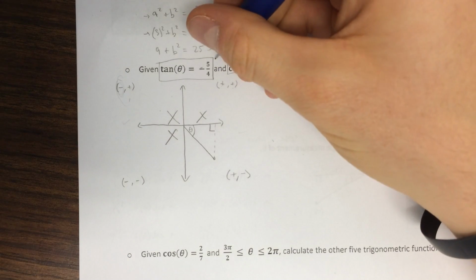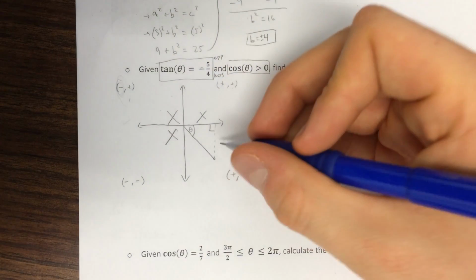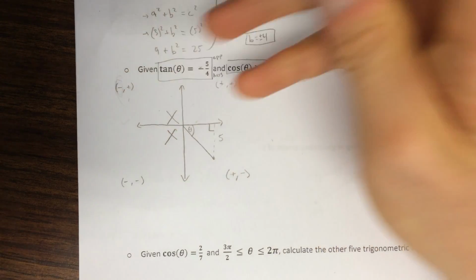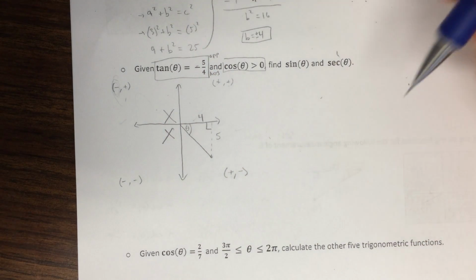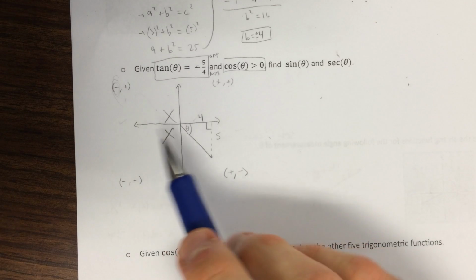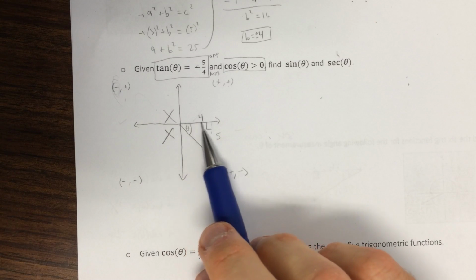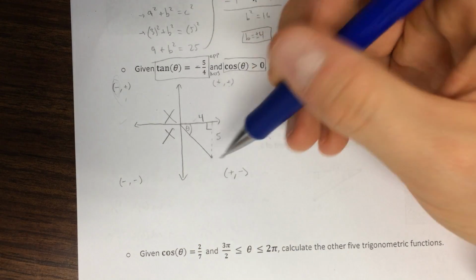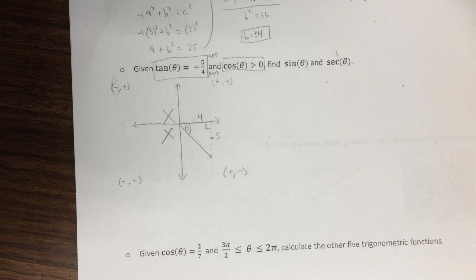And we know that tangent is opposite over adjacent, which means opposite is our dotted line, adjacent is our solid line. And now we need to make a decision. Which one is negative? Well, let's think. If we start at the origin and we move to the right 4, that's a positive 4. So that's going to be positive. And then if I go down 5, that's what makes it negative.